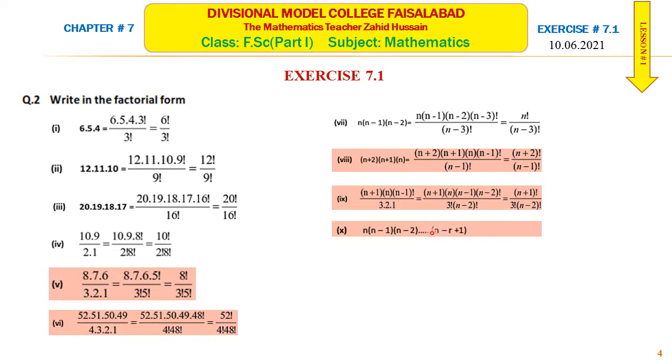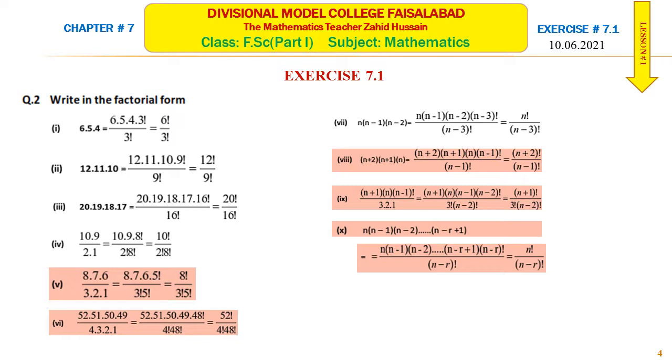So the smaller number than n minus r plus 1 is n minus r. So you will multiply the numerator with (n minus r) factorial, and at the same time divide by (n minus r) factorial. So in the numerator you get n factorial, in the denominator you get (n minus r) factorial.